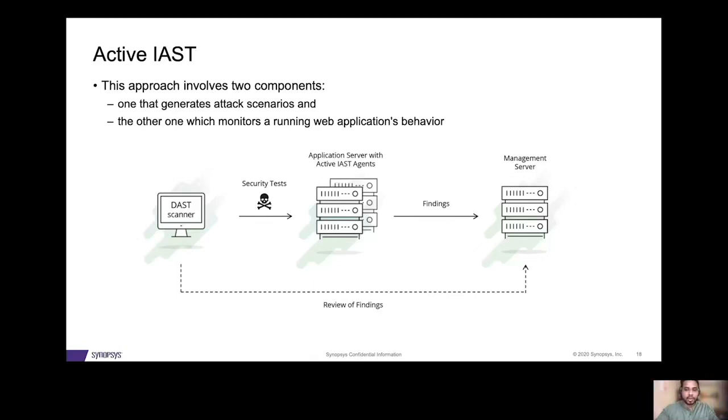This process can be considerably time consuming, depending on the size of the target application and the number of attack payloads. The detect component, which is IAST, provides additional context thanks to its visibility of the internal response of the application to the traffic that is generated by the attack component, which is DAST. Active IAST does not suit fast-paced development environments since DAST requires full compilation upon every code change and can only be used towards the end of the SDLC.